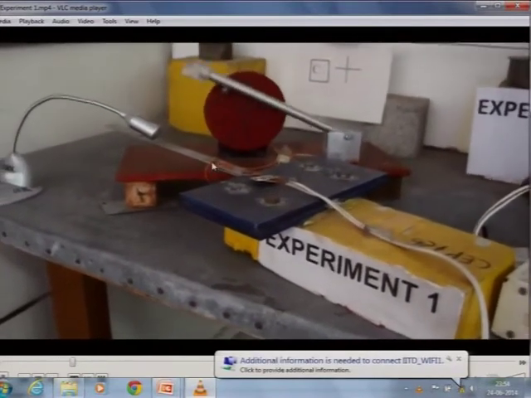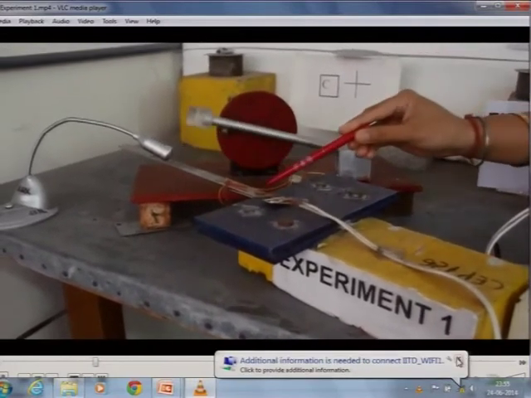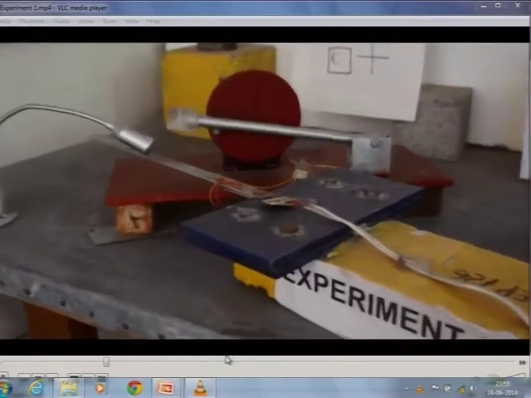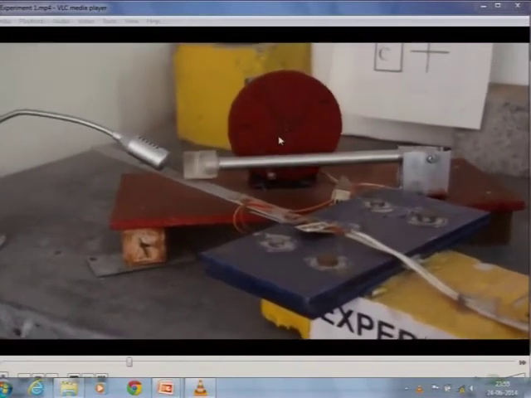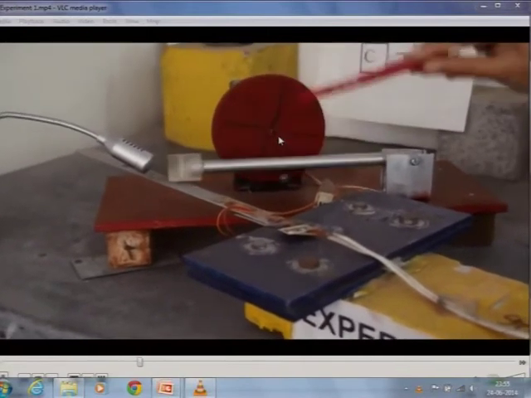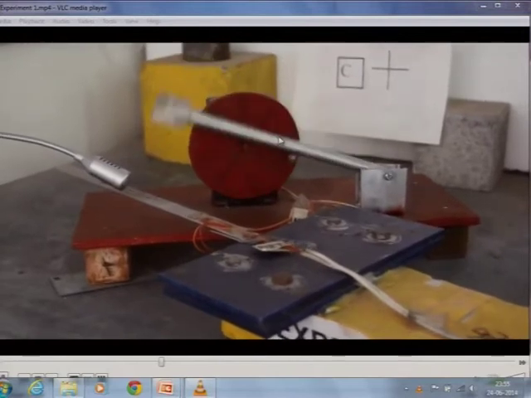The PZT patch is attached at the fixed end and the beam is excited by this revolving wheel. So, it helps to create a constant load at constant time intervals.